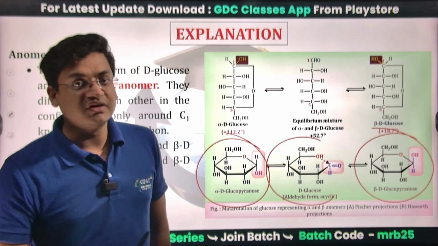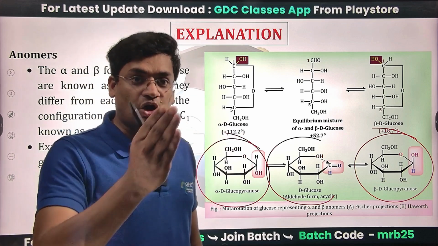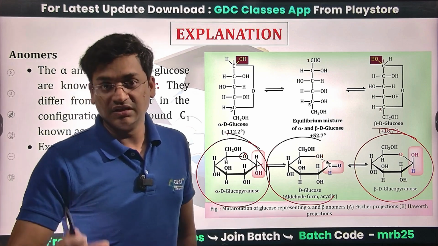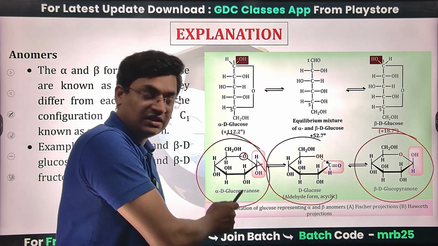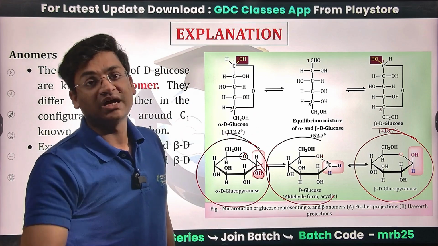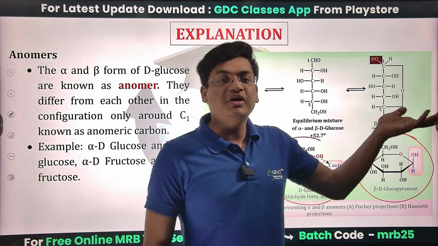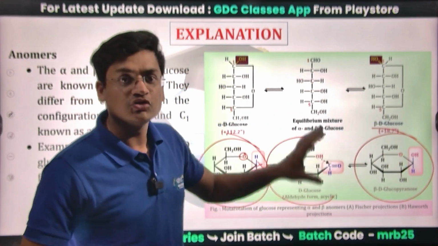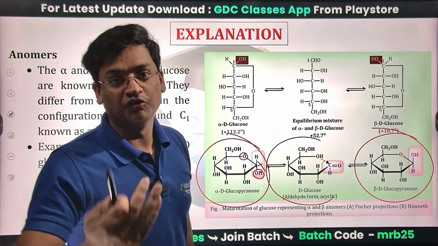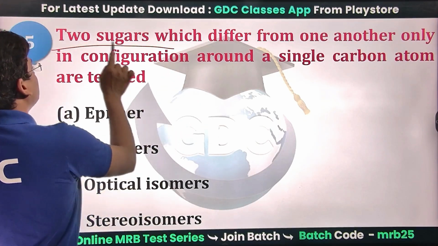The major difference is the position of the OH group on the very first chiral carbon, just after the oxygen in the ring. When the OH is on the right side, or downwards at the bottom side of the ring, it is the alpha form, and when the OH group is on the left side, or upward, it is the beta form of glucose. These alpha and beta forms arise when mutarotation takes place.